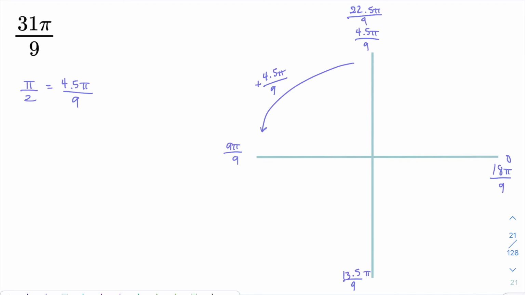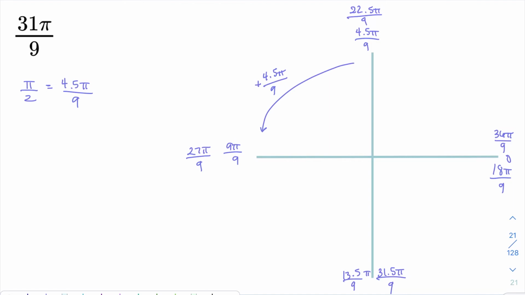And then I go another 4.5. This is 27 pi over 9. I go another 4.5, and I've got 31.5 pi over 9. I could keep going until I'm at 36 pi over 9, but I don't need to because I've already figured out what quadrant it's in.